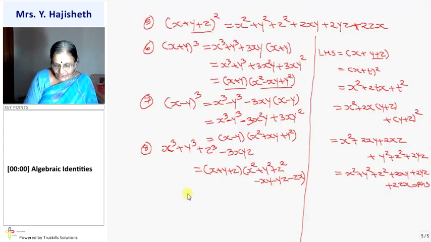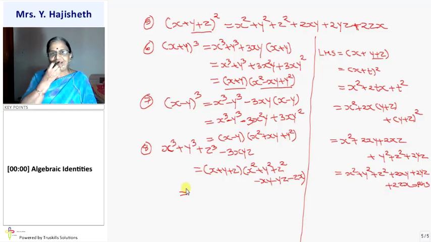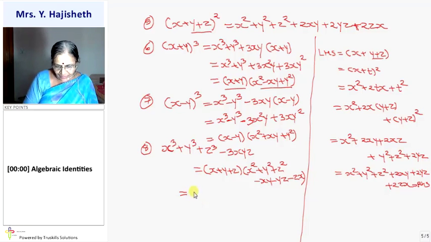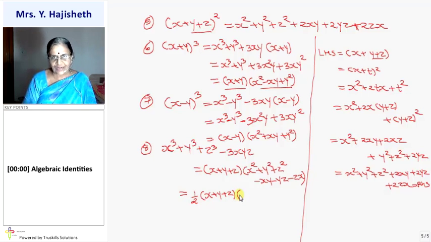And another formula is given as a sum in your revision exercise 2.5. But I give you, you can remember this if you want to. It is 1/2 (x + y + z). How it is coming, that I will show you. In exercise 2.5, they have asked you to prove that, so we are going to prove.